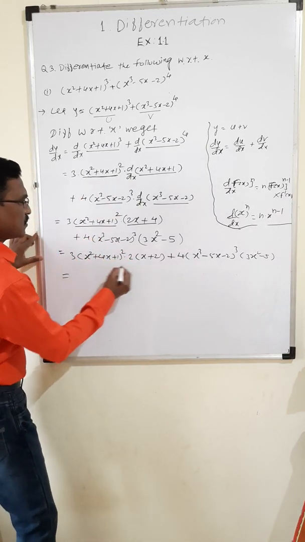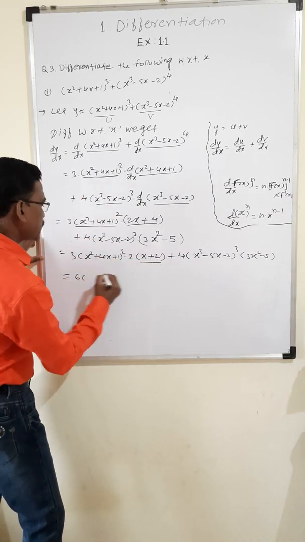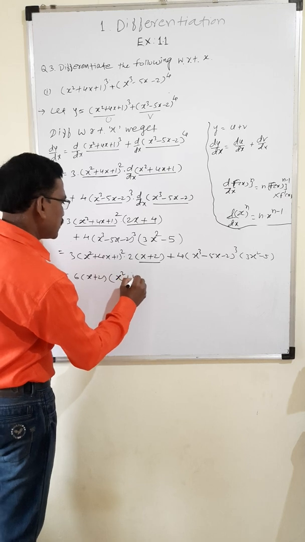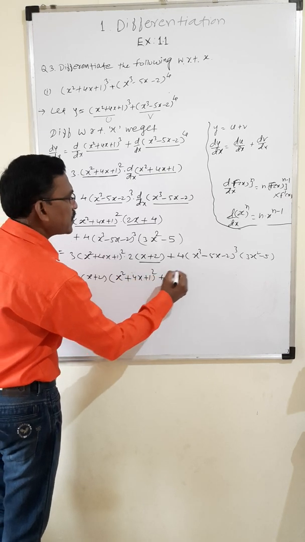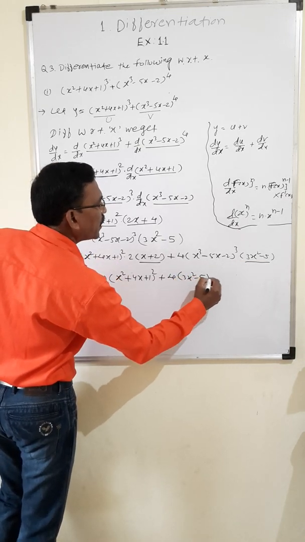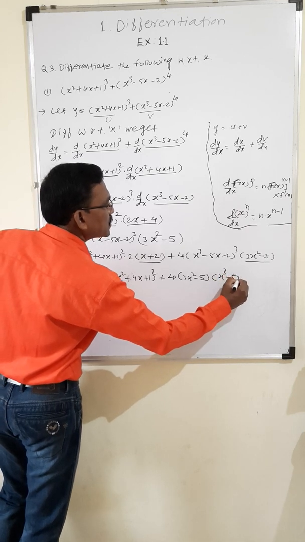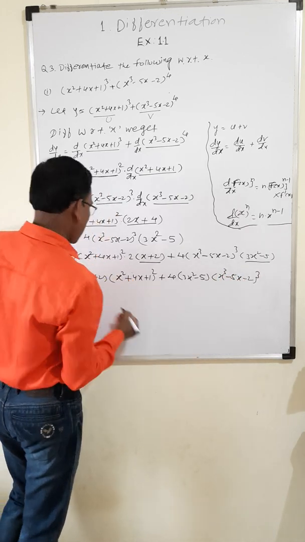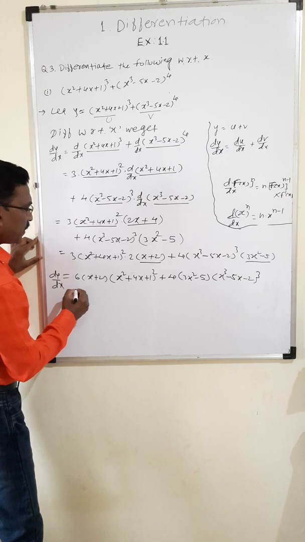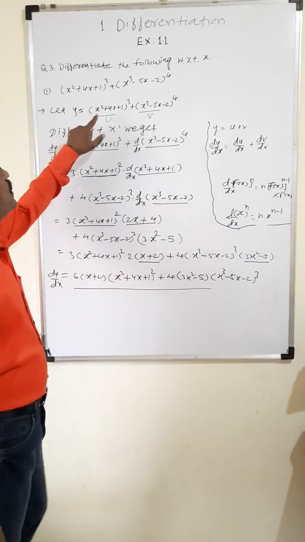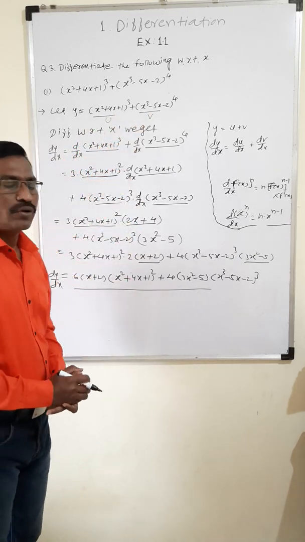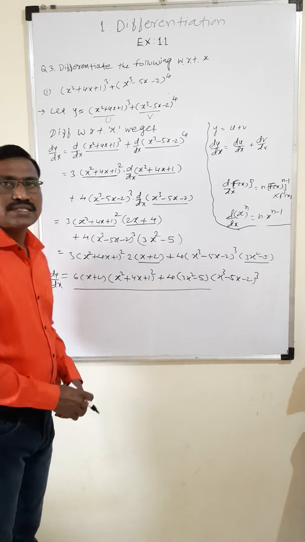In the last, 3 into 2 is 6 into (x plus 2) into (x square plus 4x plus 1) whole square, plus 4 into (3x square minus 5) into (x cube minus 5x minus 2) whole cube, and this is the final derivative of the given function, (x square plus 4x plus 1) whole cube plus (x cube minus 5x minus 2) whole raised to 4. Now we take the next example.